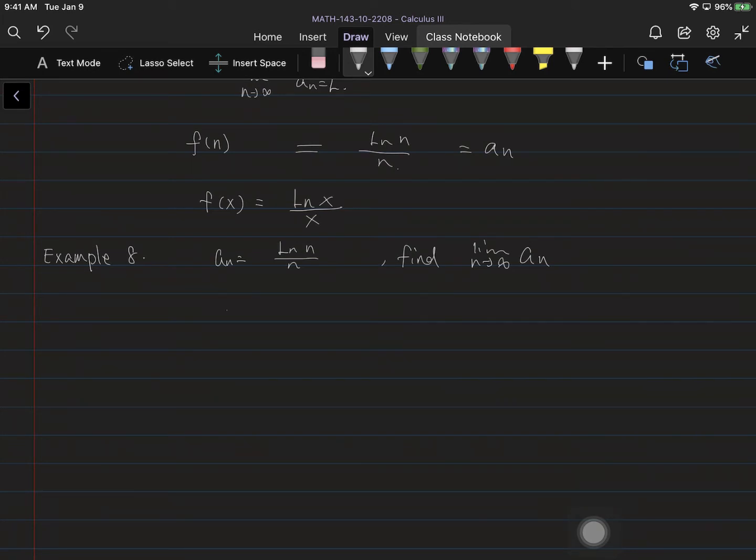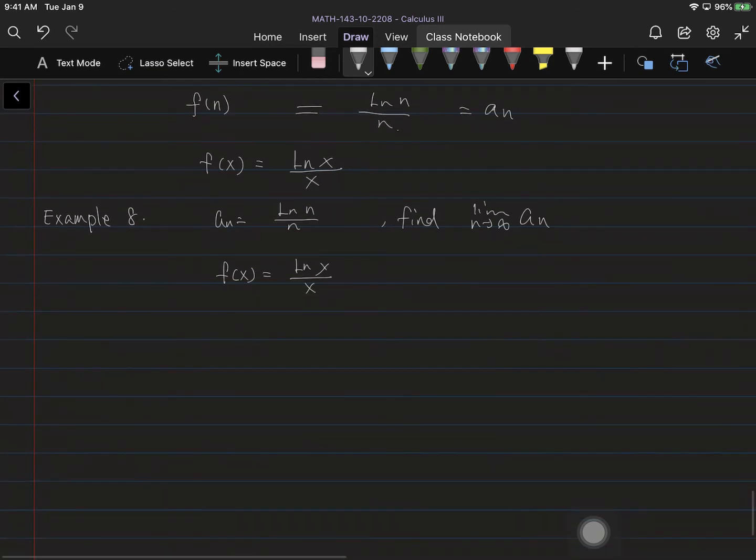So firstly, we set up the function. The function is just ln x over x. Just change the n into x. This is our f(x). And then we look at this function. We notice it is infinity over infinity type when x goes to infinity, right? So let's calculate this limit by using L'Hopital's rule.